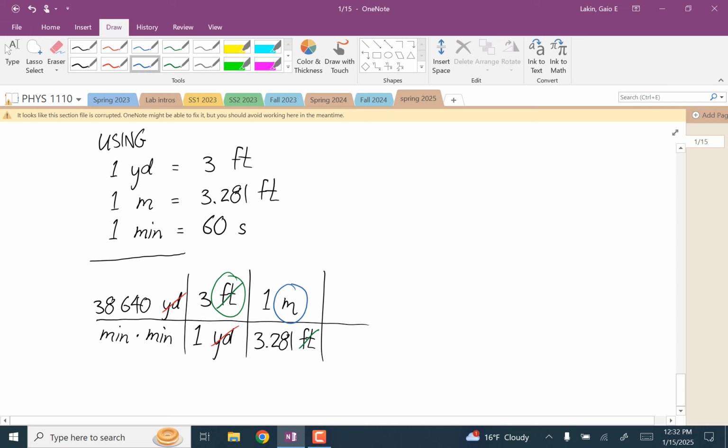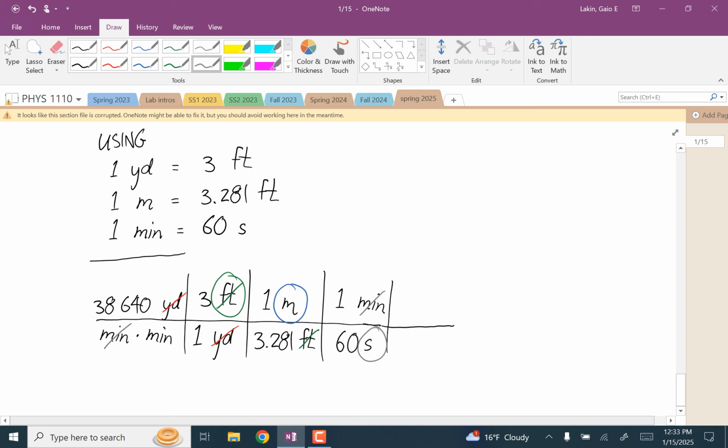And now we have to convert the minutes to seconds. The minutes are in the denominator, so our conversion factor has to have it in the numerator to cancel it. So I'll go 1 minute over 60 seconds. And you can see that that cancels one of those, and so we have seconds down there.